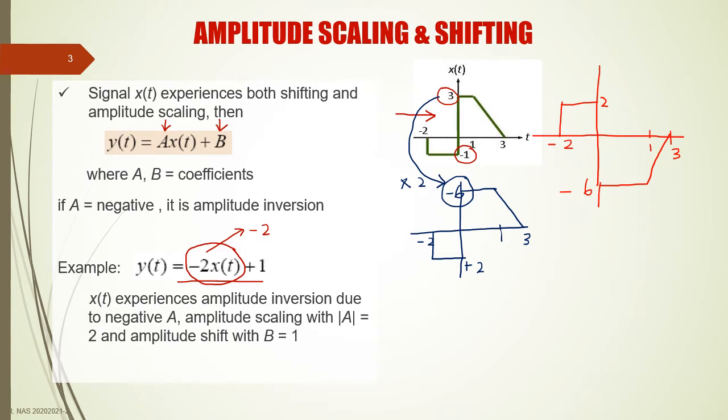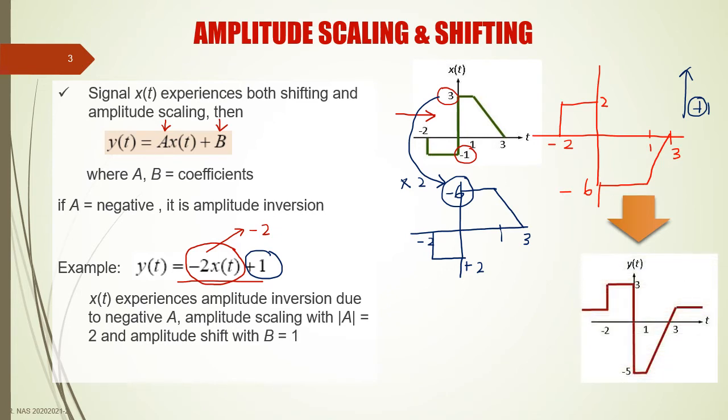So second, you still have the shifting. All signal will be shifted up by +1. Positive means the signal is shifted up. So what you have is this. The amplitude 2 shifted up by 1 becomes 3, and -1 shifted up by 1, you get -5. Right, so the signal is now in a new shape to fulfill the given equation.